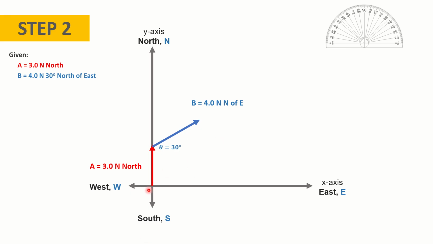The resultant vector is drawn from the initial point directed towards the last drawn vector. So the tail of our resultant vector is here, and its head is here, directed to our last vector.